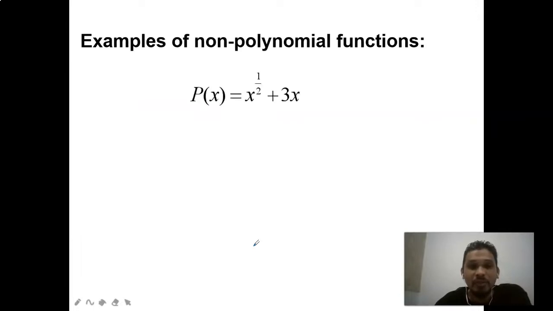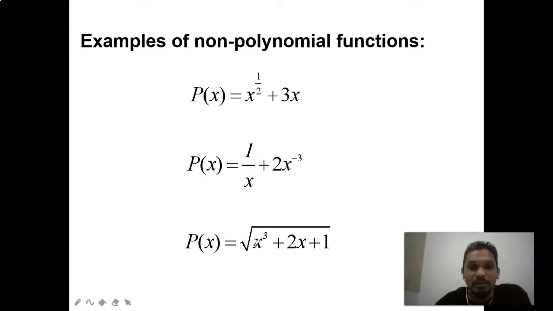Example of non-polynomial function: the degree is not a positive integer. So this is x to the power of negative 1 plus 2x to the power of negative 3. All these are non-polynomial functions.